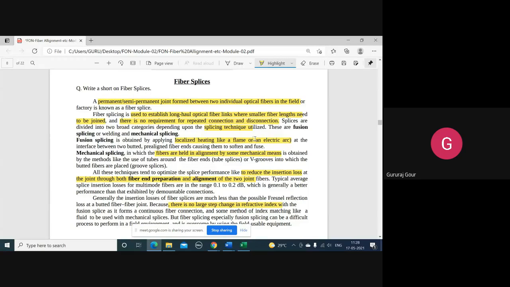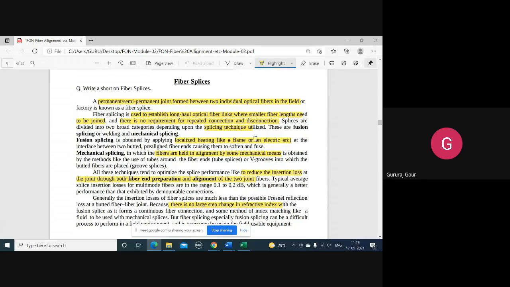Again, there are two broad categories under these fiber splices, based on which splicing technique you are using: fusion splicing or welding, or mechanical splicing. A splicing technique is a method or process where two ends of the fibers are joined or butted together.